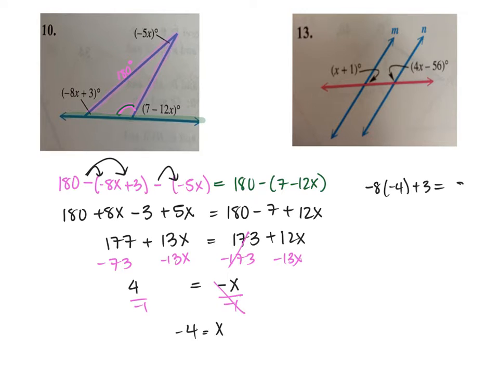I get 35 degrees. When I plug into the negative 5x, I get 20 degrees. And then last but not least, if I take 7 minus 12x and put in negative 4, I get 55.